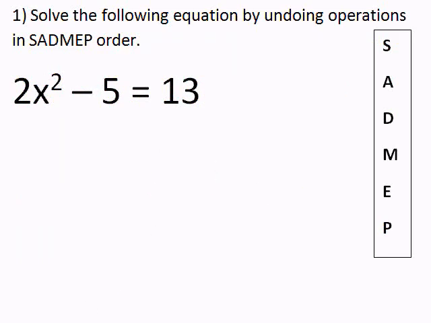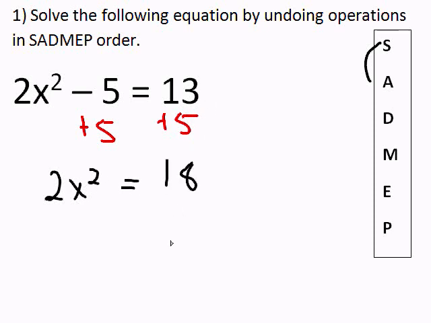Again, to do this, we're going to undo subtraction and addition first. And I notice I can undo the minus 5 by adding 5 to each side of the equation. This gives me 2x squared equal to 13 plus 5 is 18. Then I'm going to undo division and multiplication by dividing both sides by 2. So I did the multiplication, 2 times x squared, by dividing both sides by 2.